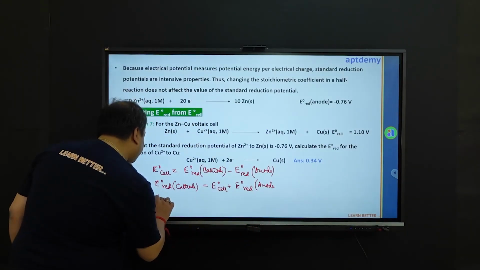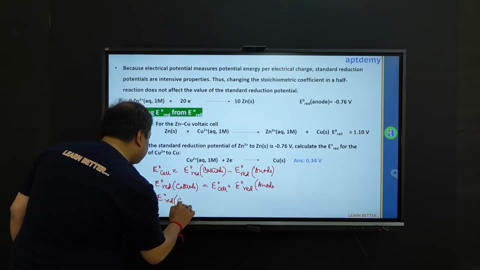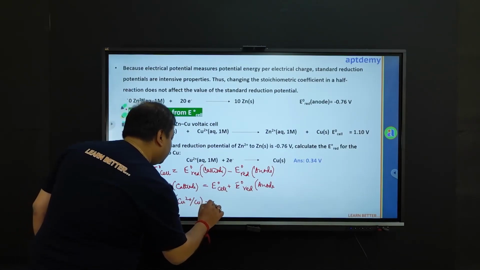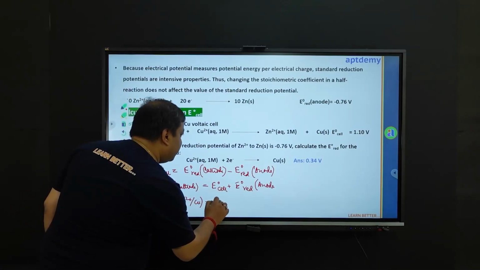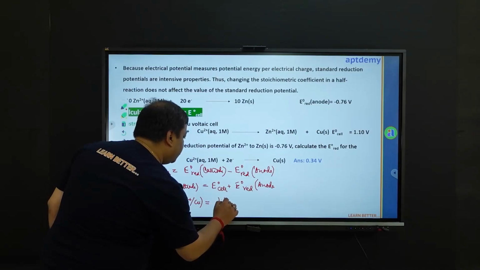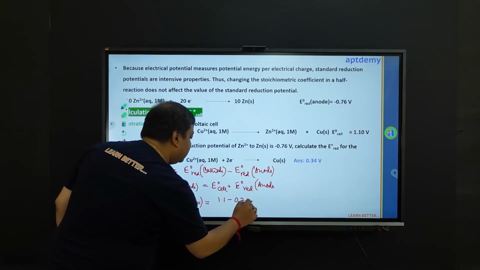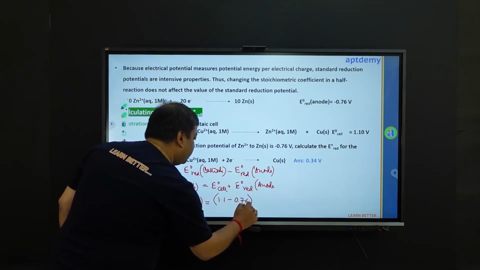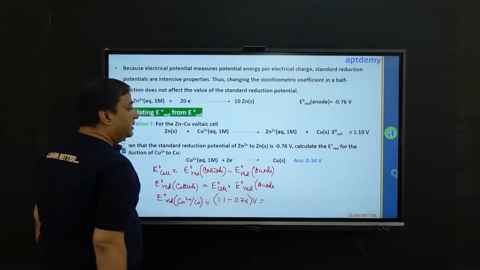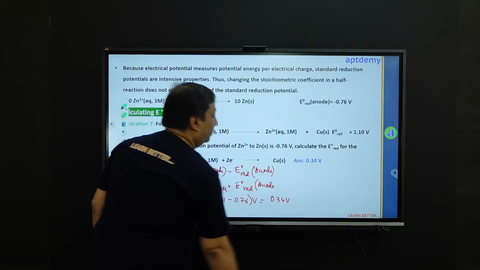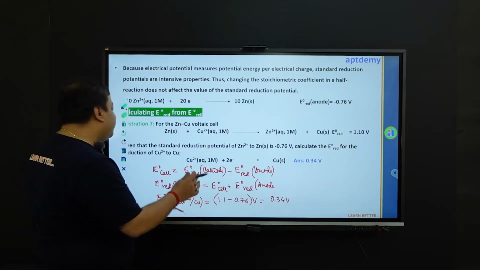Or we can now write E0 red Cu2+/Cu. This is having the value 1.1 minus, we will write 0.76 volt, and that should be 0.34 volt. So this is how we will be solving these problems.